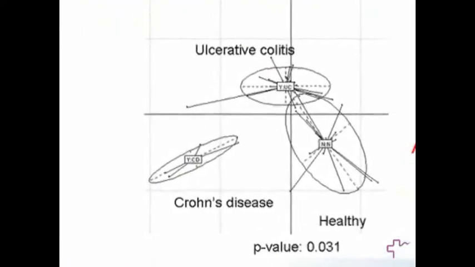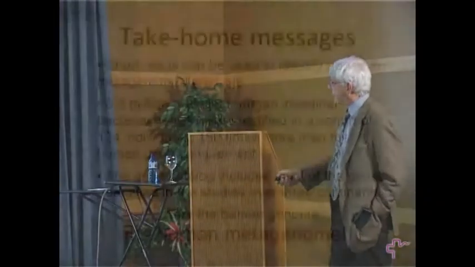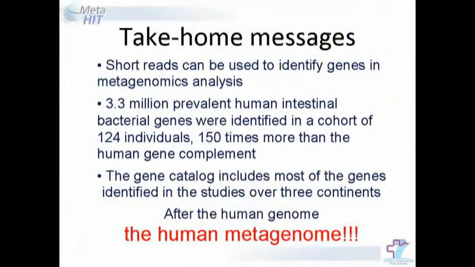We have identified 3.3 million prevalent human intestinal genes, 150 times more than the human gene complement. This gene catalog includes most of the genes identified in the studies over 3 continents. And we think that we are facing the human metagenome.